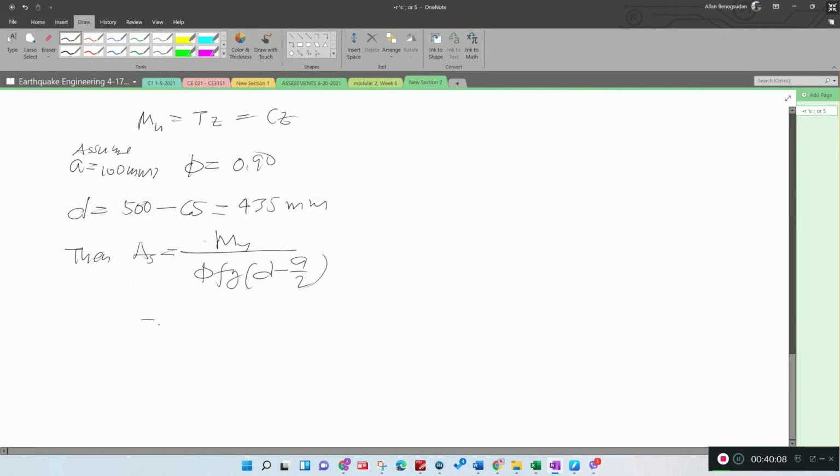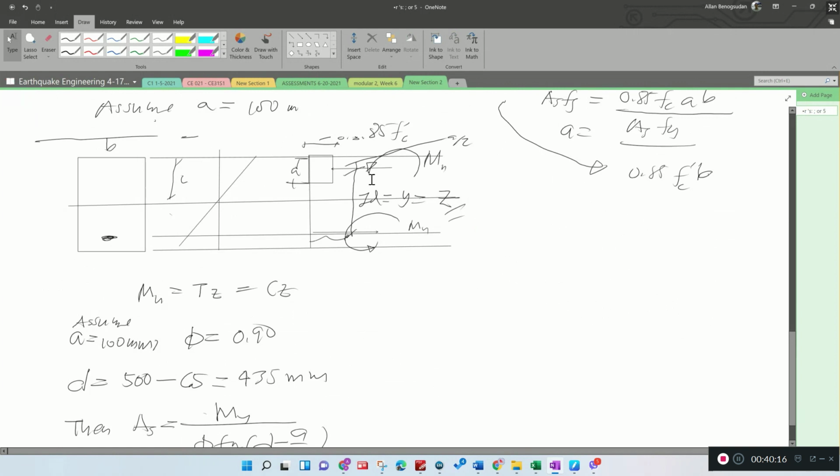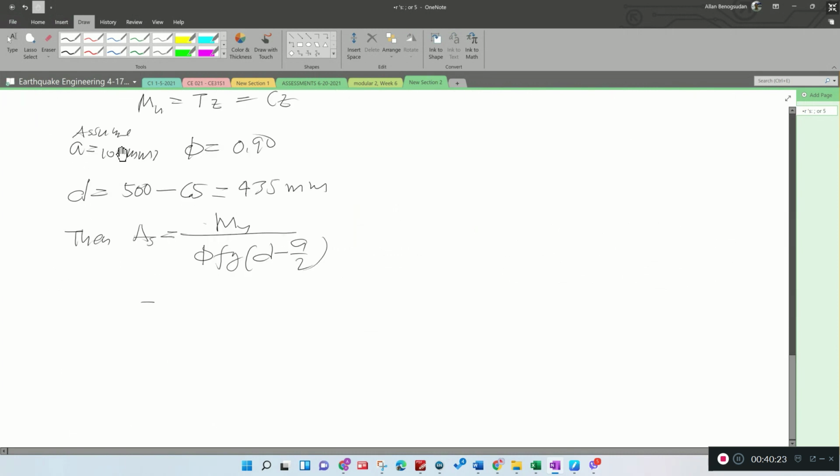So As is equal to 287.22, multiplied by 1000, then divided by, of course, what we assumed.